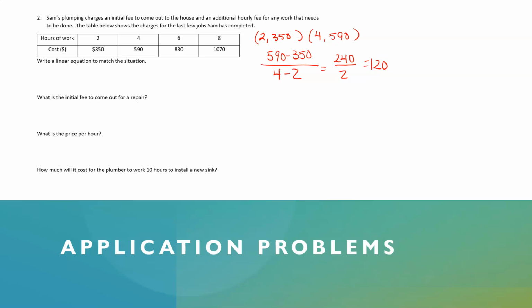Now we need to get our b. So I'm going to take y equals mx plus b. I am going to put in 350 equals 120 times 2 plus b. 350 equals 240 plus b.